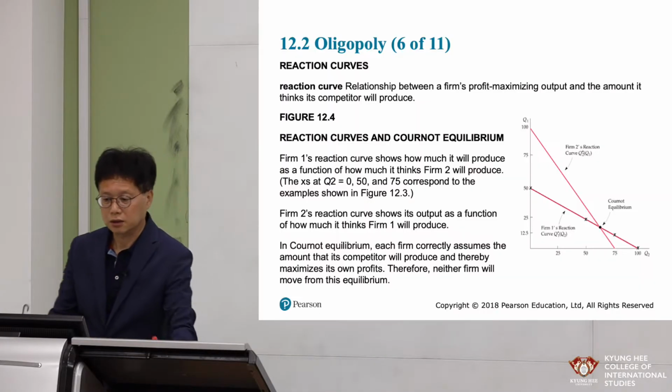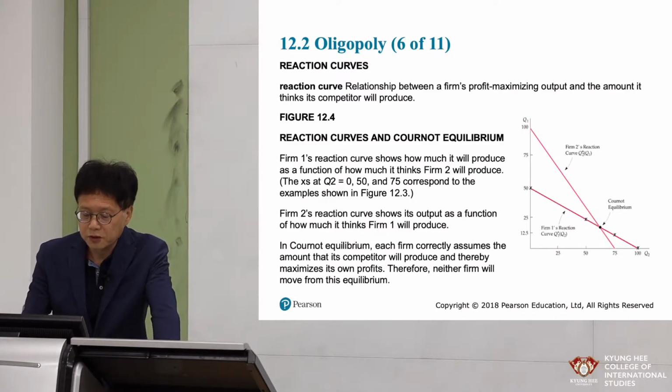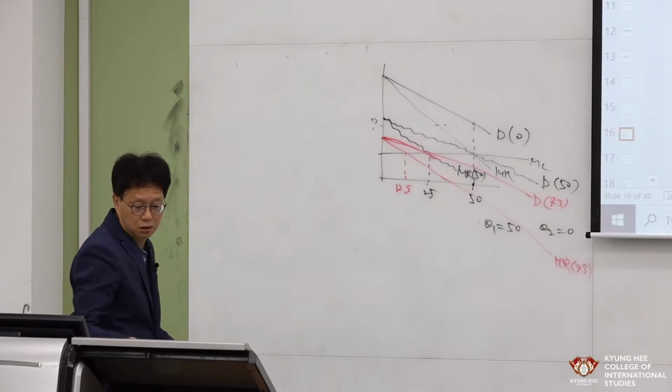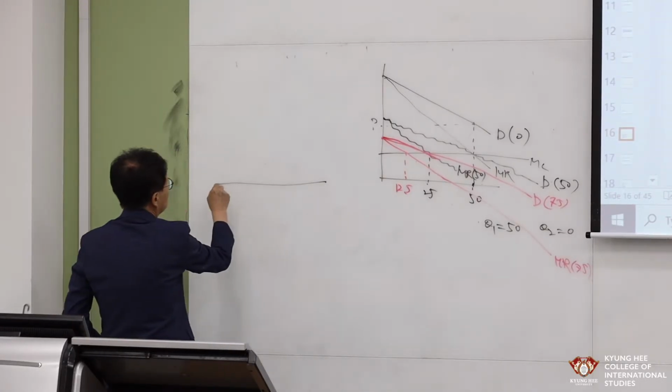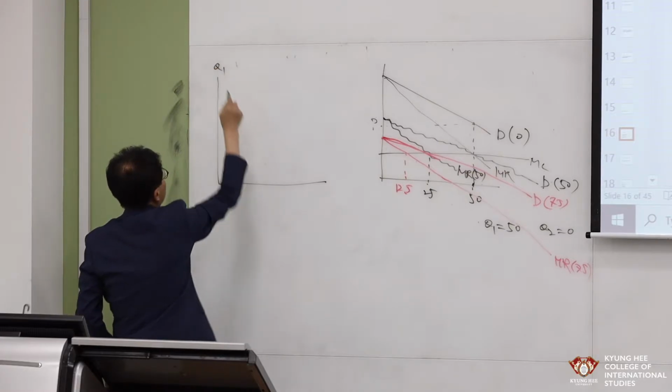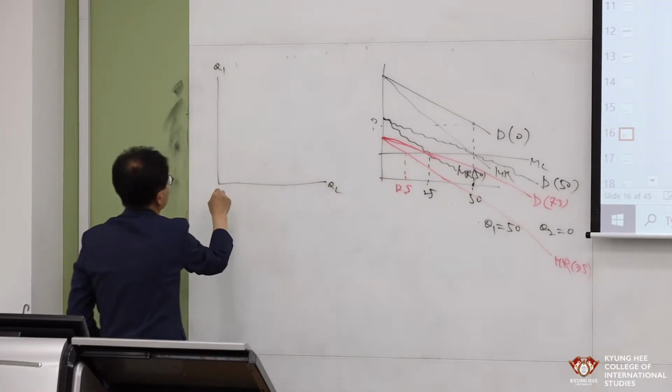From here we can derive the reaction curve, the relationship between the firm's profit maximizing output and the amount it thinks its competitor will produce. Let's write this: the Y variable is Q1, the X variable is Q2.